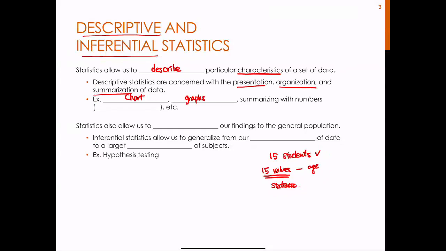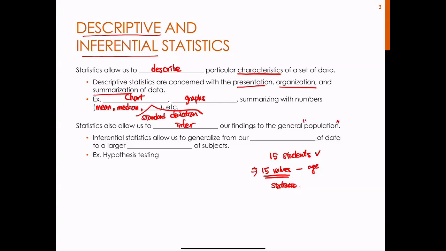And also we can calculate different kinds of numbers like a mean, median, or a standard deviation, based on those 15 different values, right? So statistics also allow us to infer our findings to the general population.